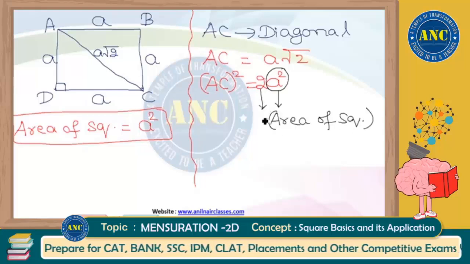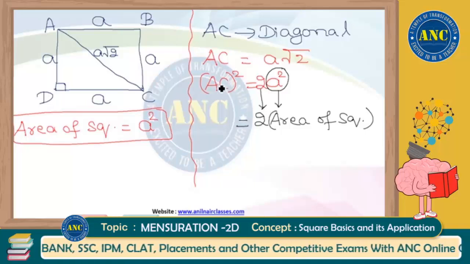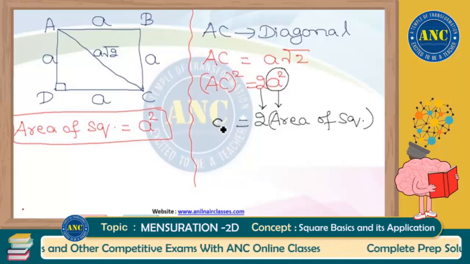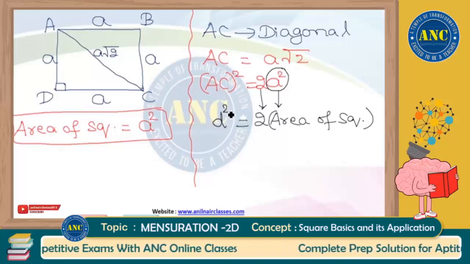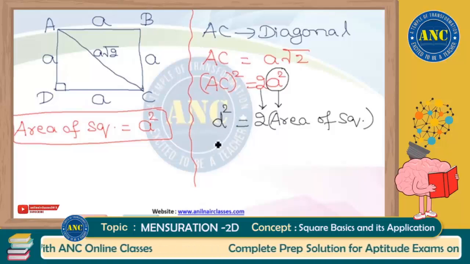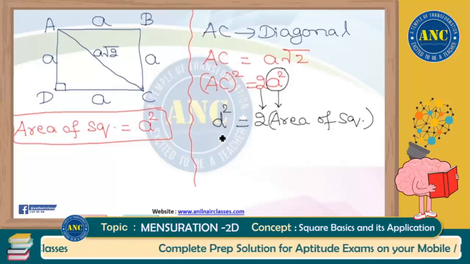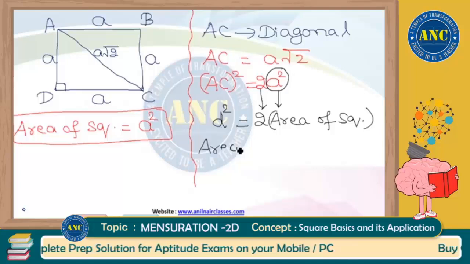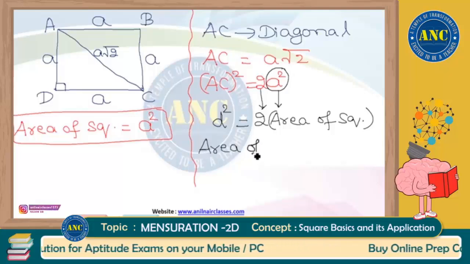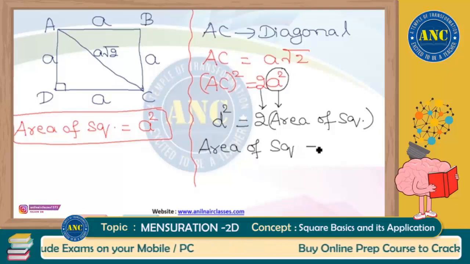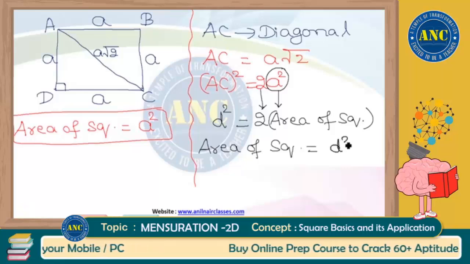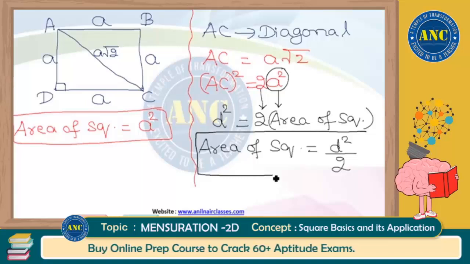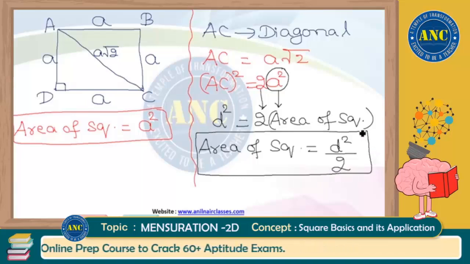The 2 will be multiplied as it is. The left hand side, AC, is nothing but the diagonal. Let me call it D, diagonal square. Or in simple language, the relationship between the area of a square and its diagonal is given by D square divided by 2, where D is nothing but the diagonal of a square.